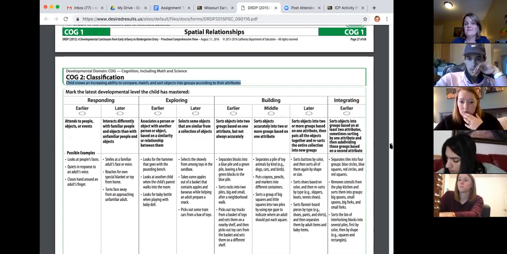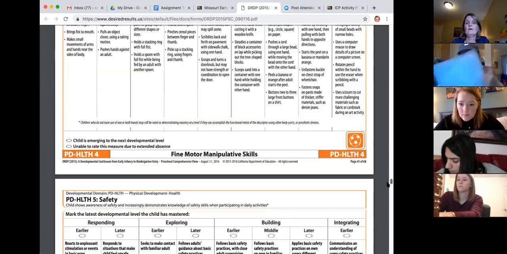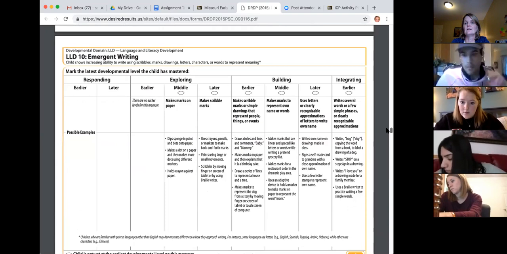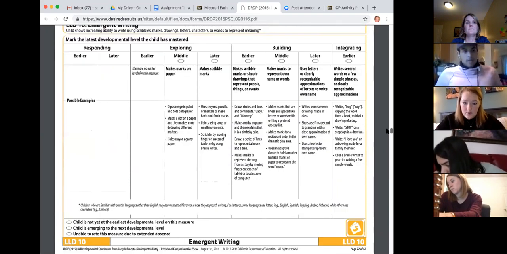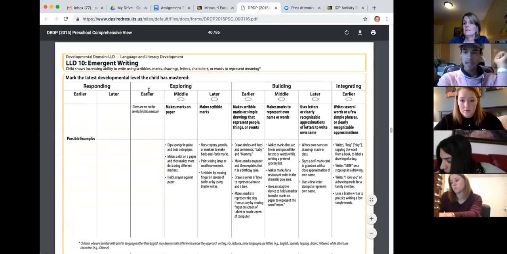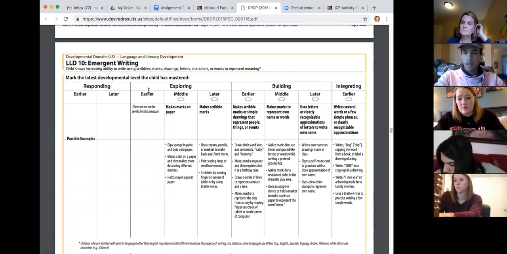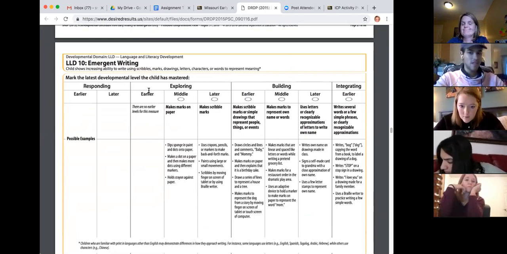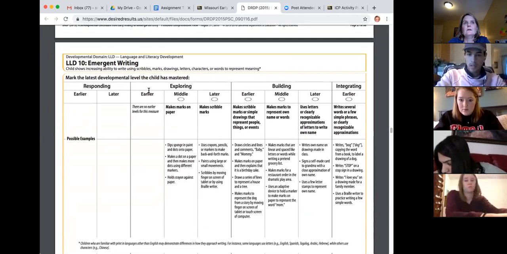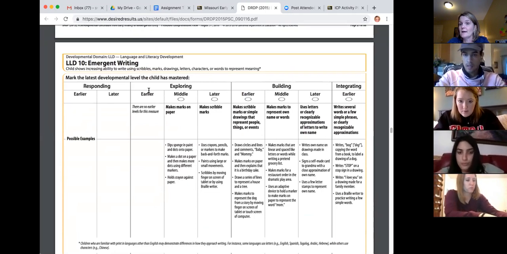So for that one, if we were going to do writing, remember in the yellow, somewhere where the yellow is at, here it is. So if we would do emergent writing. Yeah, I was thinking of where it's talking about make scribble marks or simple drawings that represent people, things, or events. Yep. So you're going to have them do this after they make their model, right?